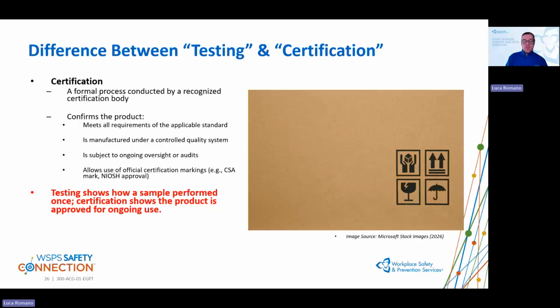Again, the way I distinguish the two is that certification probably involves multiple different types of checks and balances and multiple tests. Testing will only show how a sample performed once in a specific limelight, for the most part. And oftentimes, certification will also show that the product is actually approved for ongoing use.